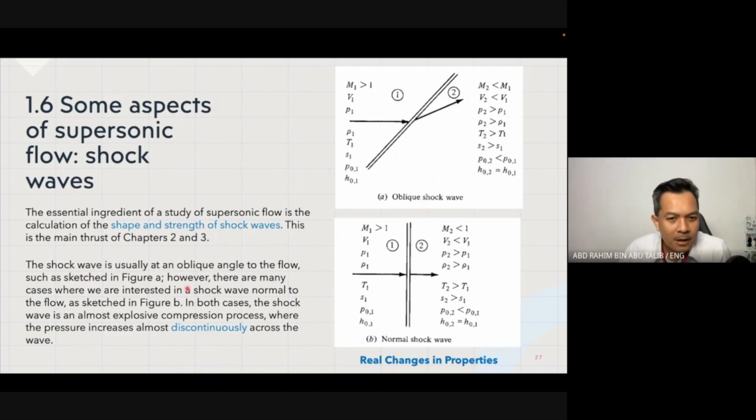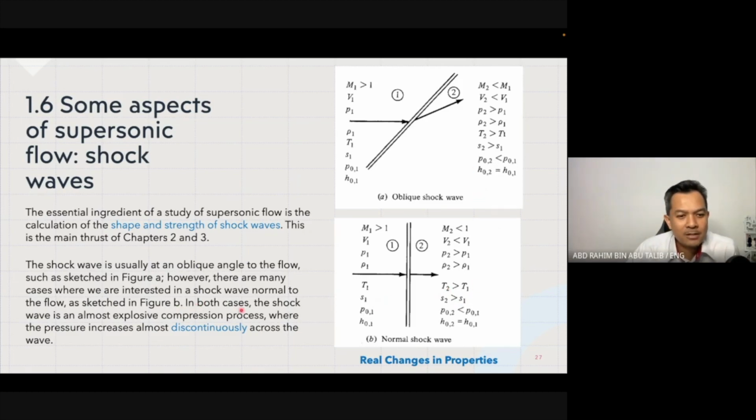However, there are many cases where we are going to be interested in a shock wave normal to the flow, which is sketched in figure B. In this case, it is a normal shock wave, whereas figure A is an oblique shock wave. Those conditions are also listed there, and you can see whether the conditions are similar or different in terms of the property change.